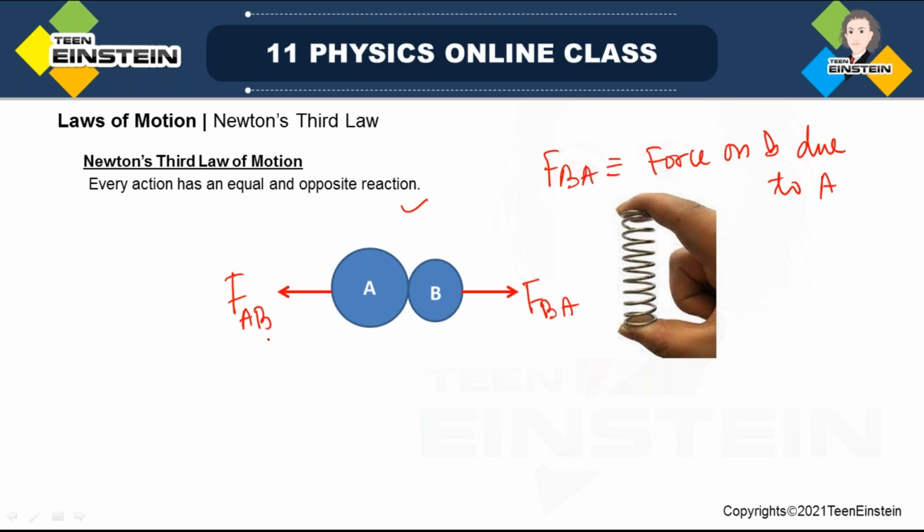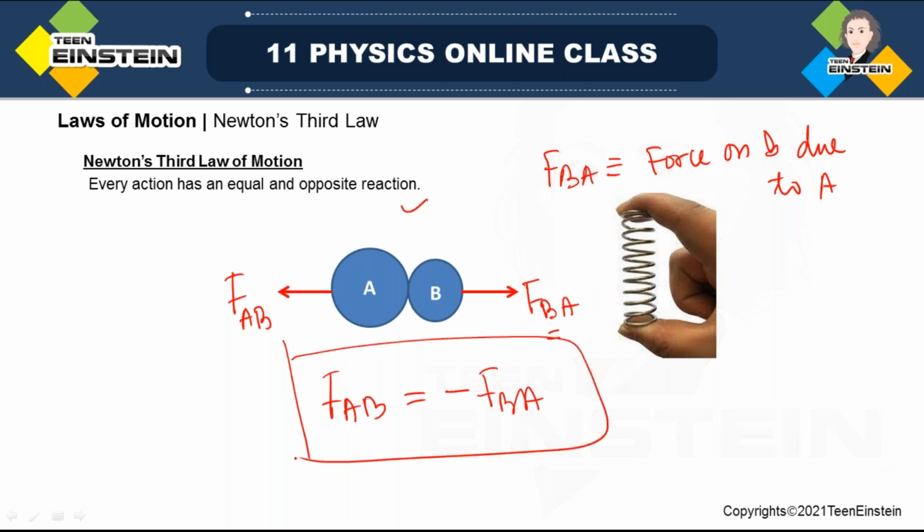Any one of them can be called action, and the other one can be called reaction. Suppose I say FAB is action, then the other can be called reaction, but these are equal and opposite, so you can write it this way.